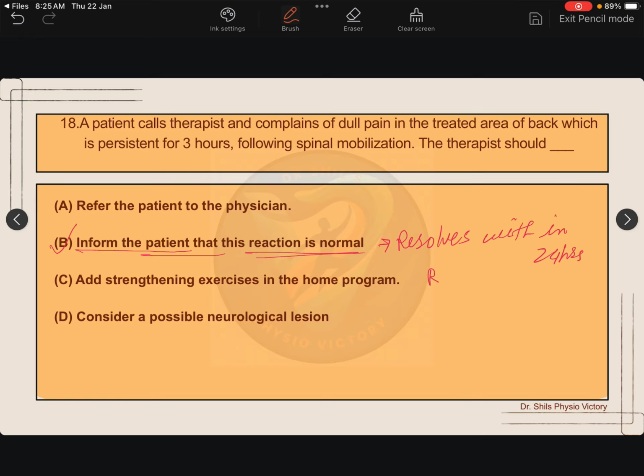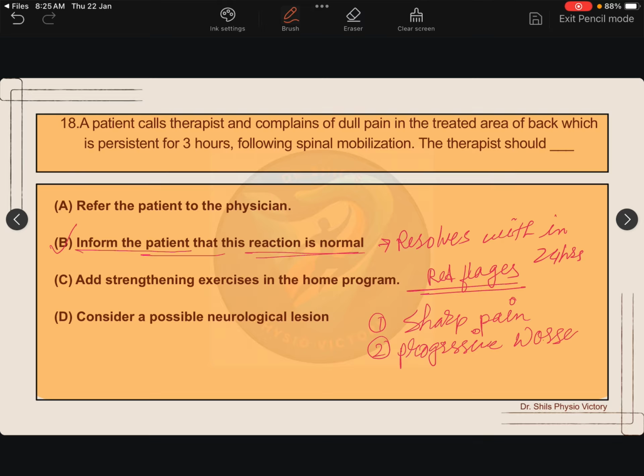Red flags, you should remember, are sharp pain, progressive worsening, and neurological symptoms.